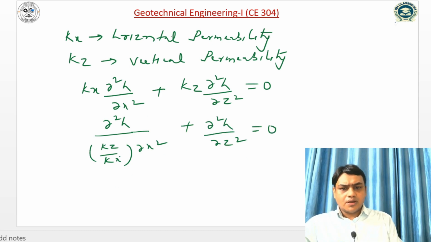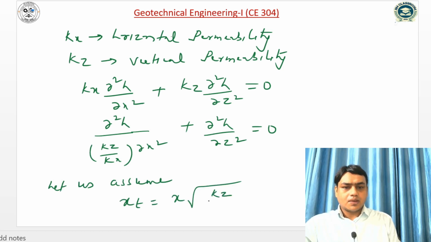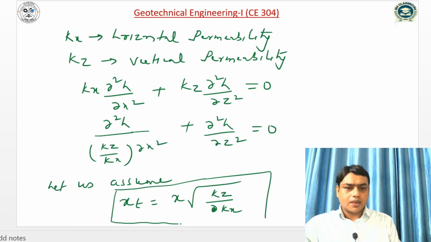Let us assume xt is equal to x into square root of kz by kx, because this is not the form of the Laplace equation. If I solve this equation as it is, the flow lines and equipotential lines will not be orthogonal to each other. So we have to replace a certain value. I have replaced xt is equal to x into square root of kz by kx. Now I am going to write the Laplace equation in the xt and z axes.